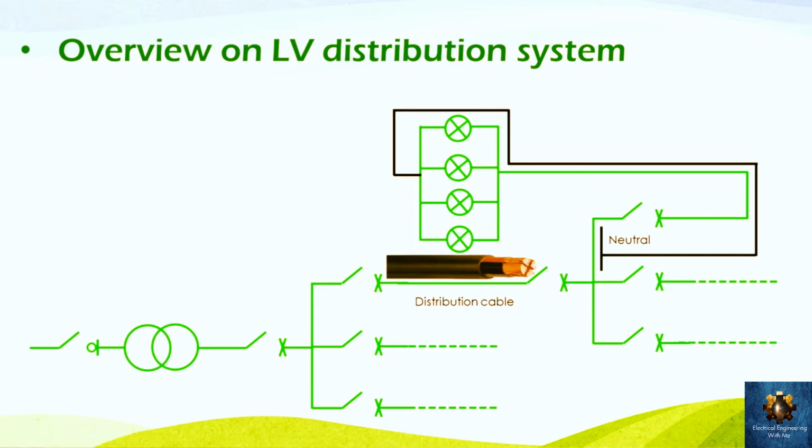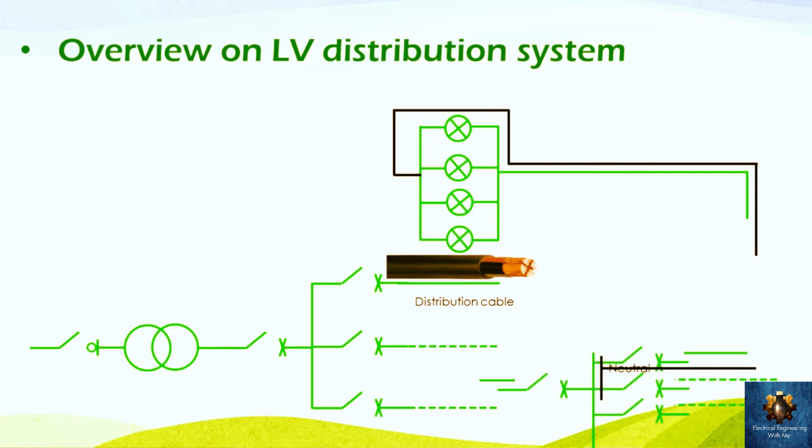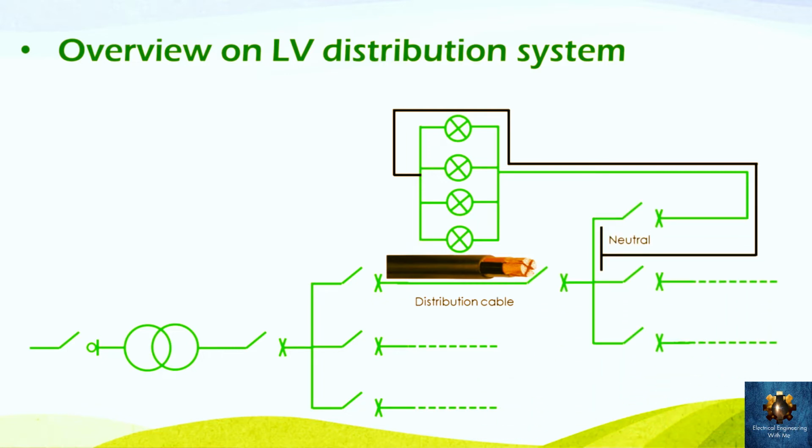And we use those electrical cables because the main distribution panel may be far from the sub-main distribution panel, so we need an electrical cable as a link between the main distribution panel and the sub-main distribution panel.